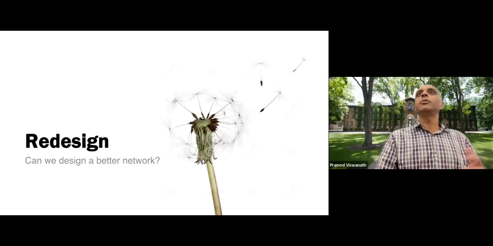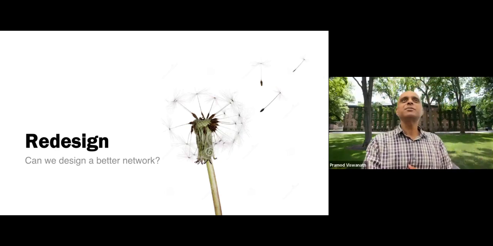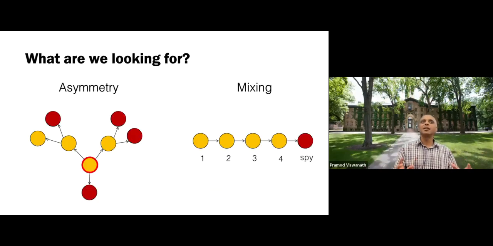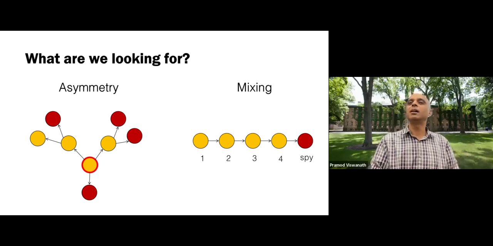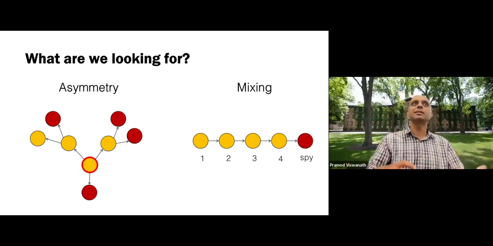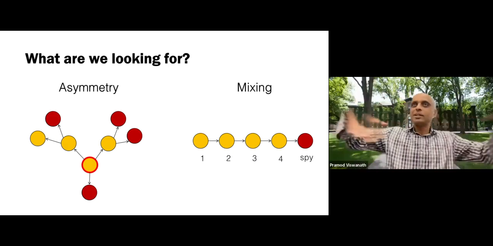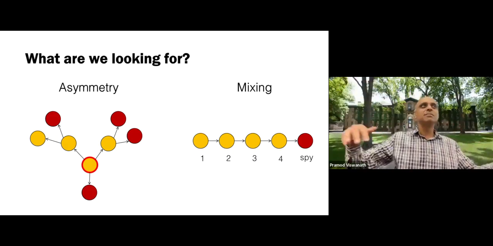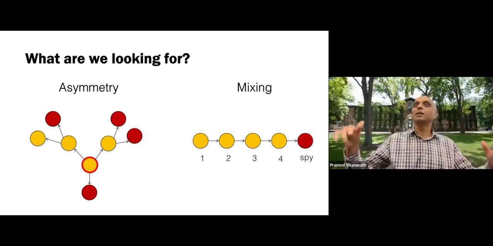Let's look at what we are looking for. What are some key ideas we want? First, we don't want symmetry in the graph. One of the things with diffusion, and you asked how diffusion can be any better, is that because of this randomness, you would think that there is some anonymity. But the randomness is also very symmetric. If you throw a pebble and it goes in circles, that's very symmetric and deterministic.